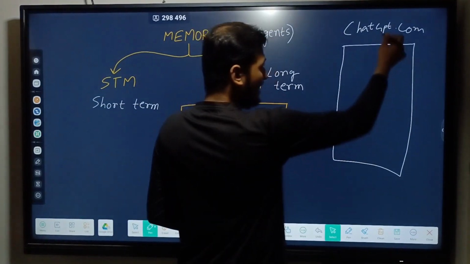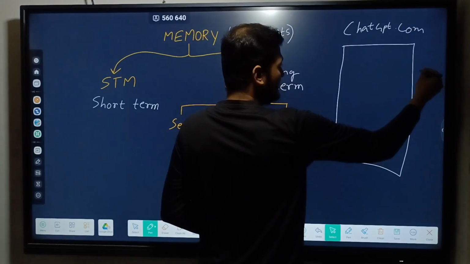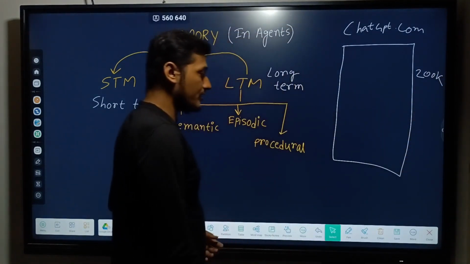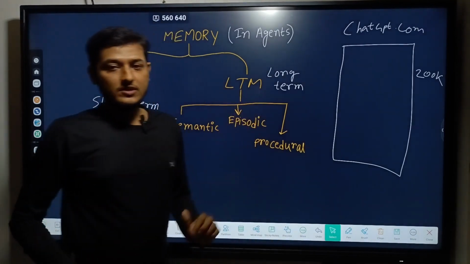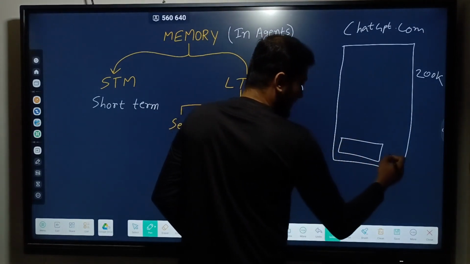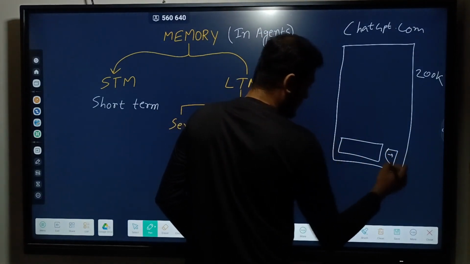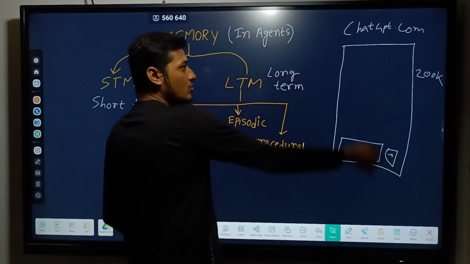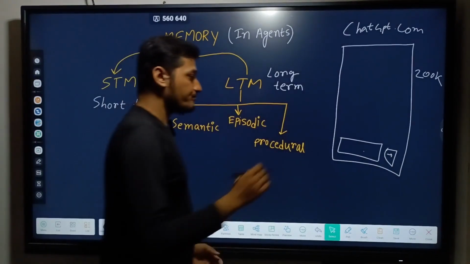Let's say I have this ChatGPT, and it has a 200k context window. Now without memory, what was the problem? This is your input box and this is your enter button. Whenever you type your message and press enter, it goes to chatgpt.com.